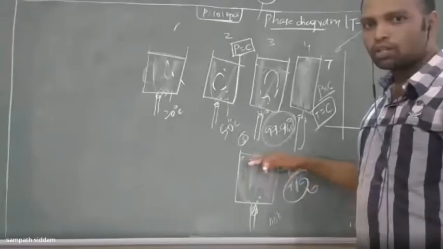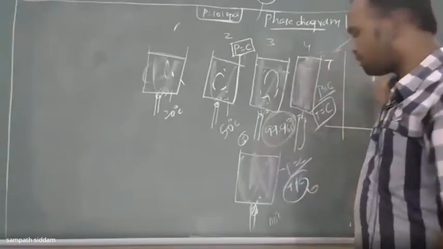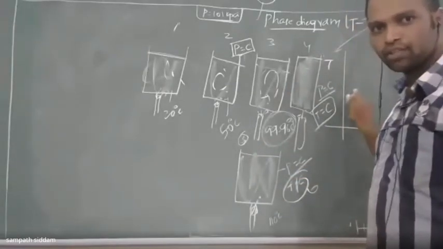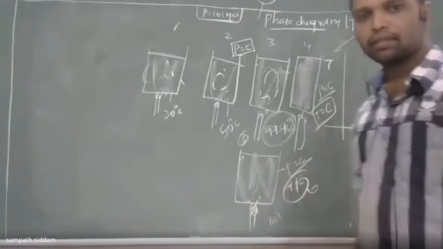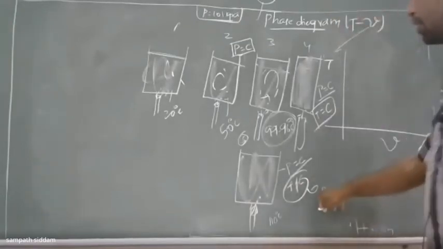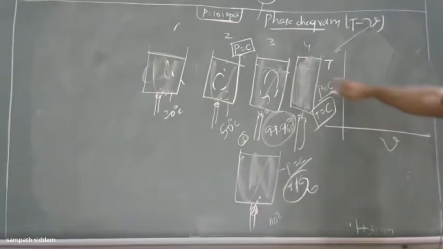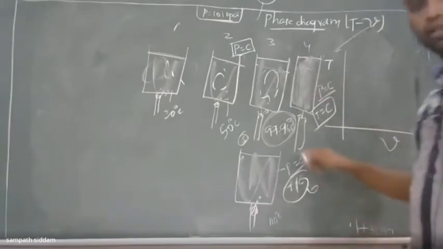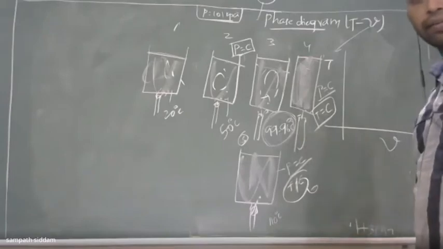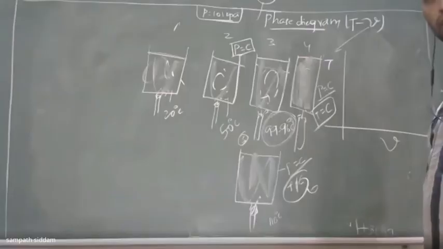So what that point is, we'll learn in the graph now, in this T-v diagram. If it is clear till here, then I'll project the concept into the T-v diagram. Is it clear till here?